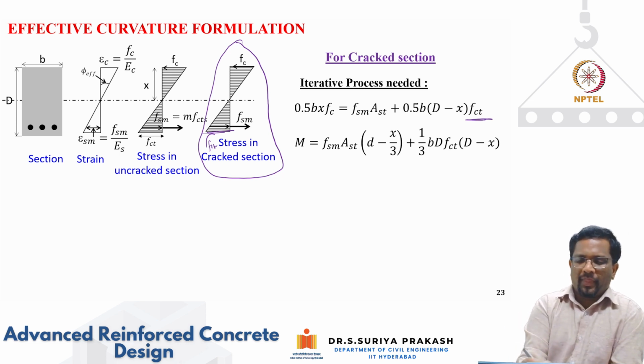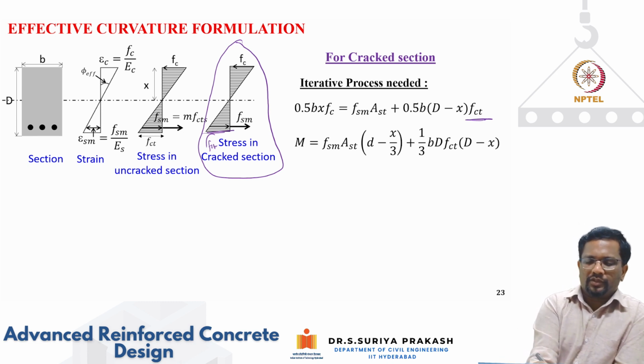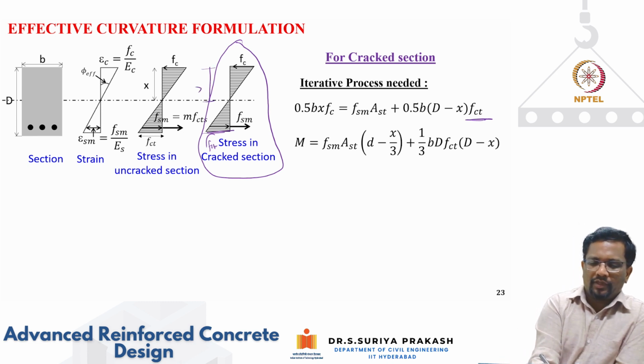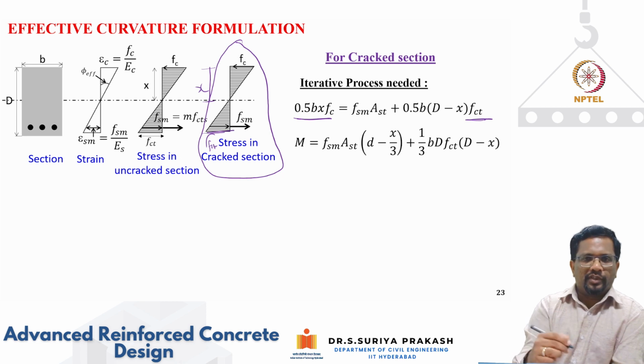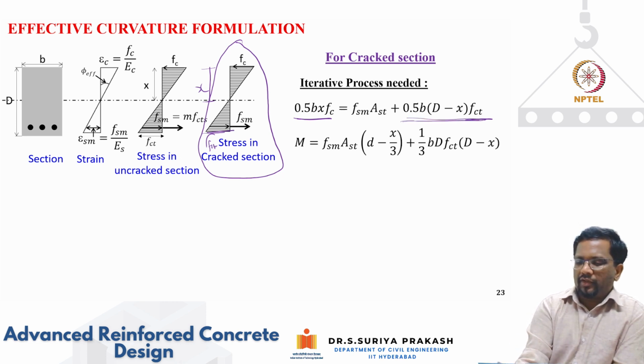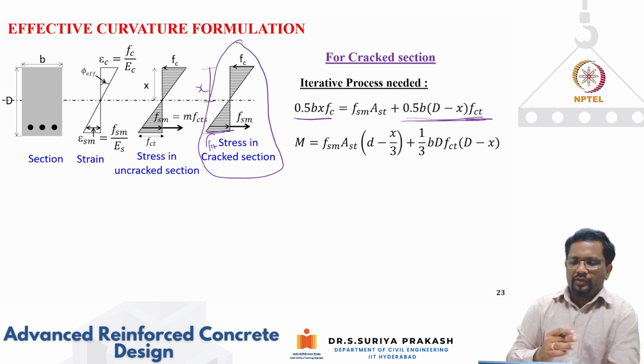The area is half into FC multiplied by X, so this is your X, right? The total compression is going to be half into X into FC, the area of this triangle, multiplied by B to get your compression force. Now what would be the tension contribution? I am saying that concrete is also going to contribute in tension, with the value of your FCT, right?